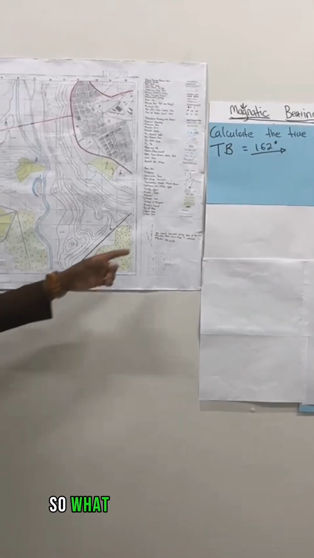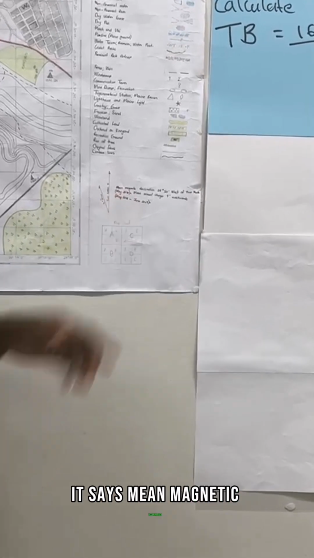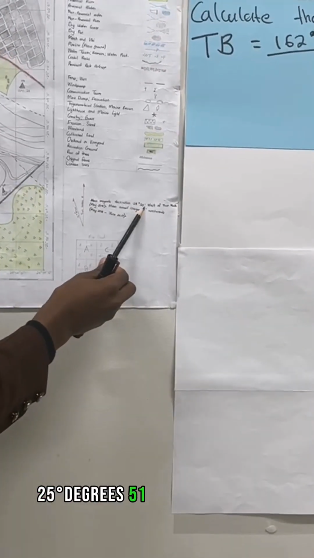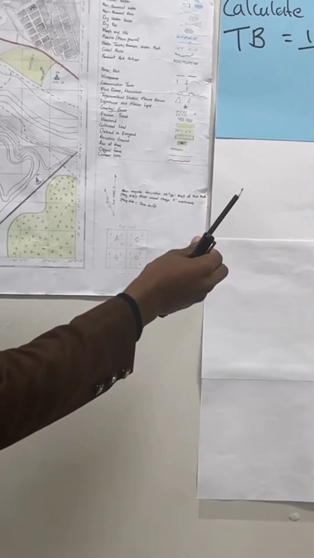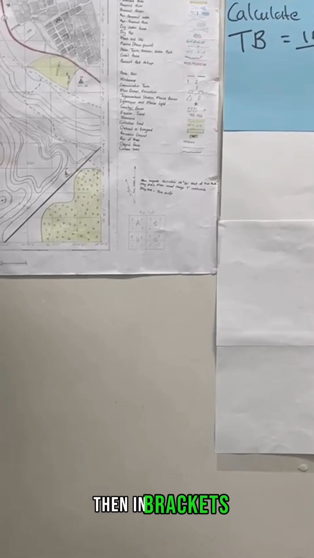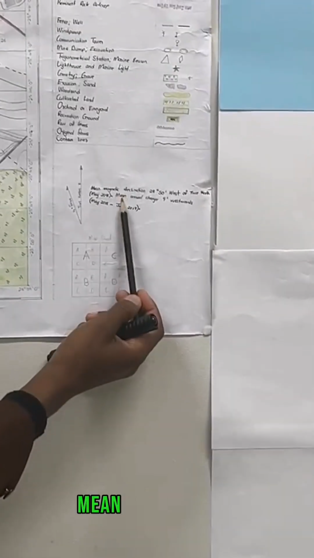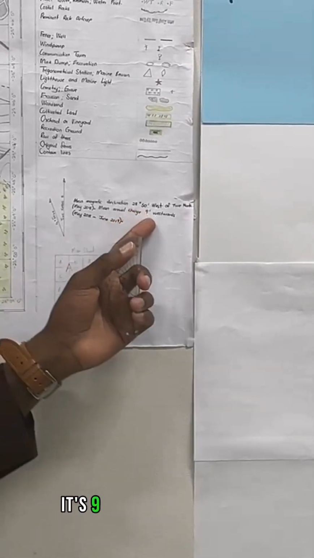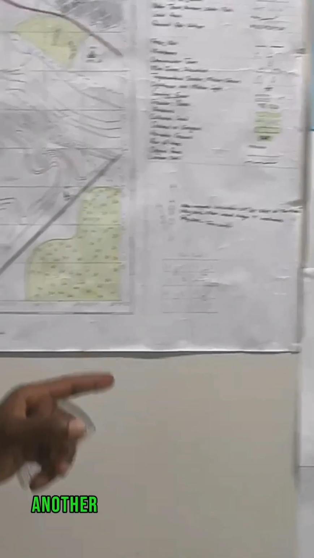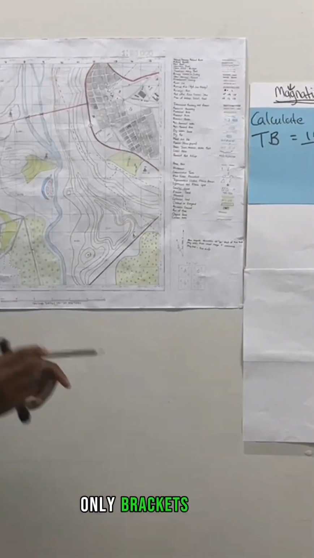It says: mean magnetic declination 25 degrees 51 minutes west of true north. I hope you are writing down. Then in brackets it says May 2018, then full stop. Mean annual change is 9 minutes westwards. Then we have another 2 dates, all in brackets.